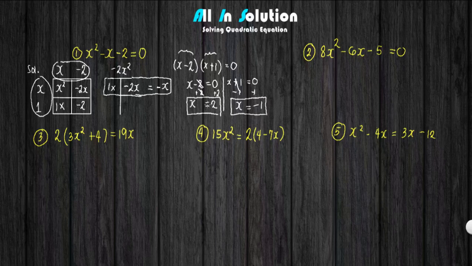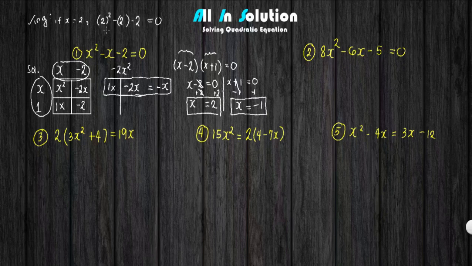Now to check if our solutions are correct, let's just input the two solutions dun sa original equation natin. Okay, so mag-umpisa tayo kay 2. Then we have 2 squared minus 2 minus 2 again, and then dapat yan ay equal sa 0.